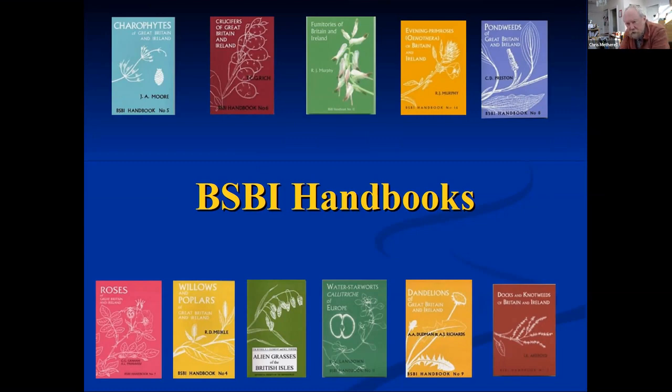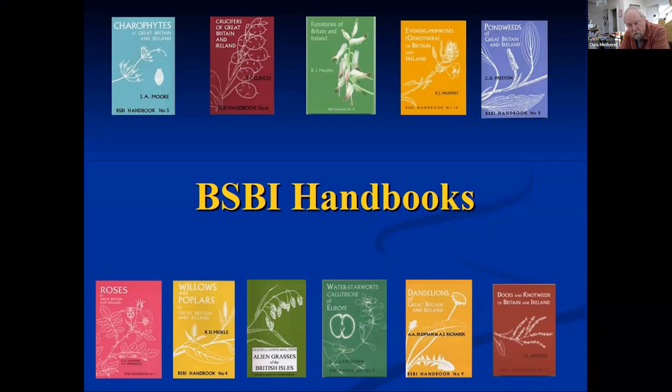Well, Stace's Flora is pretty intimidating. A good place to start might be the BSBI handbook on umbellifers. I don't think it's actually up on this page, but there is an excellent one.